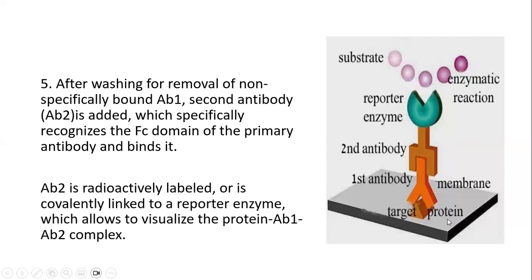So wherever the target protein is present, you will be able to visualize it as a colored product because of the activity of the reporter enzyme that is linked to the secondary antibody that is bound to the primary antibody, which is bound to the target protein.